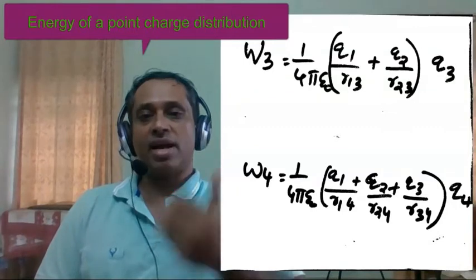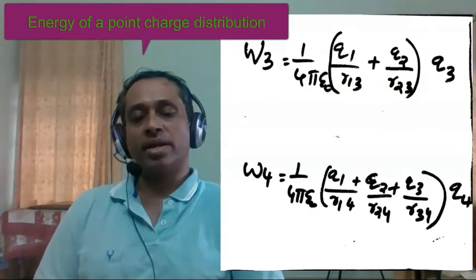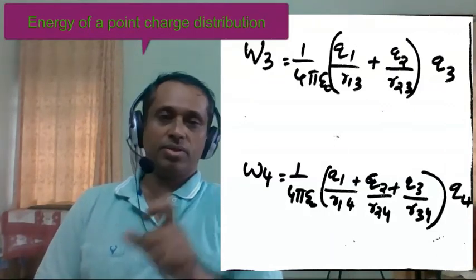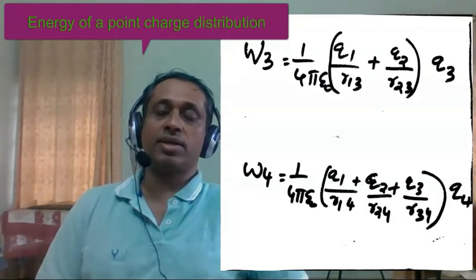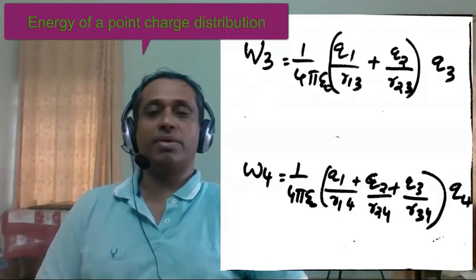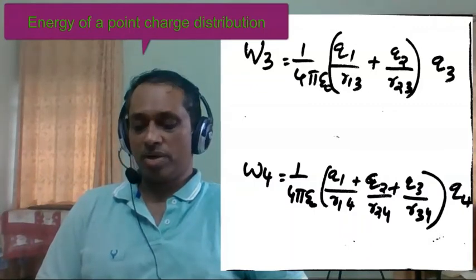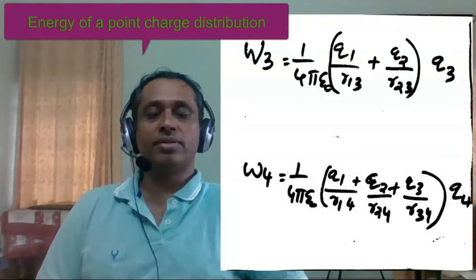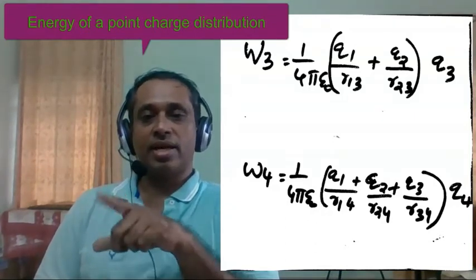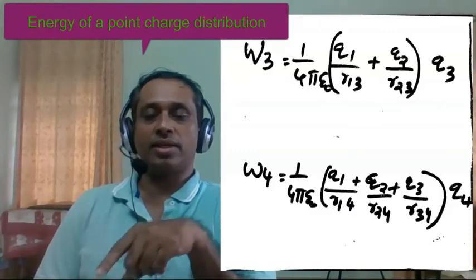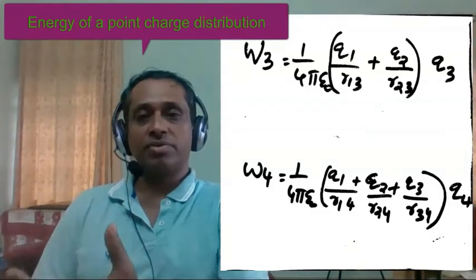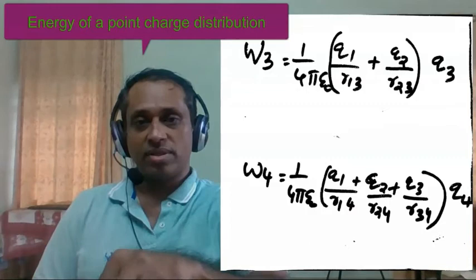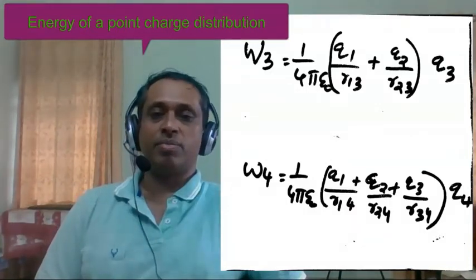In similar fashion, we can calculate the work done to bring a charge Q4 from infinity to a point of position vector R4. Q1, Q2, Q3 are at R1, R2, R3, and they produce an electric field and a potential, and we are bringing the fourth charge into this potential.